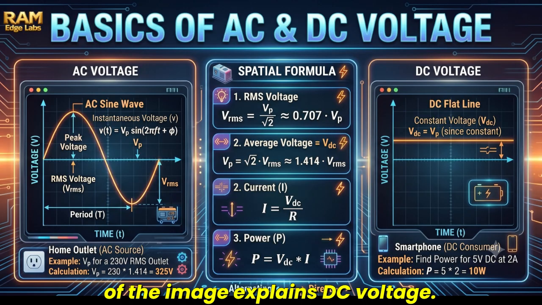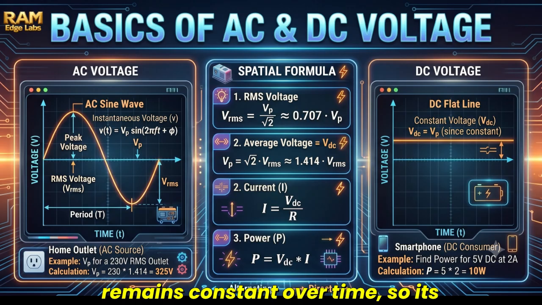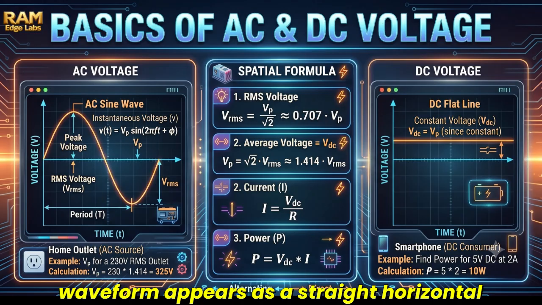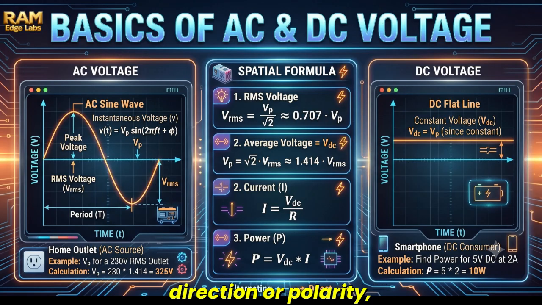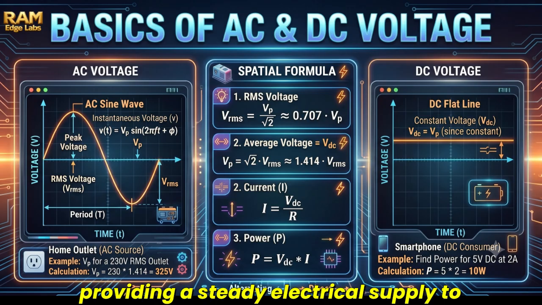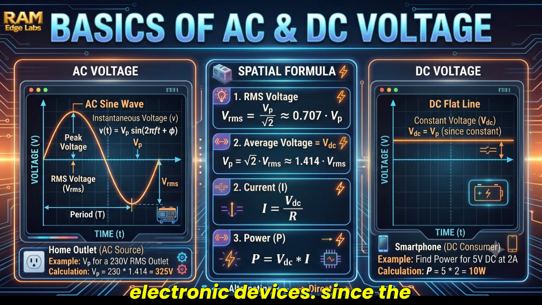The right side of the image explains DC voltage. Unlike AC voltage, DC voltage remains constant over time, so its waveform appears as a straight horizontal line. The voltage does not change direction or polarity, providing a steady electrical supply to electronic devices.